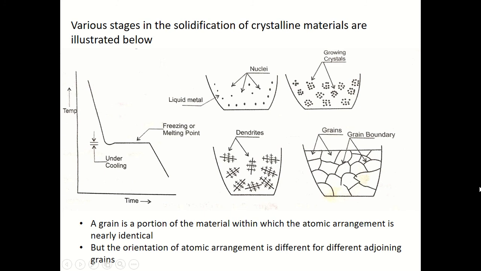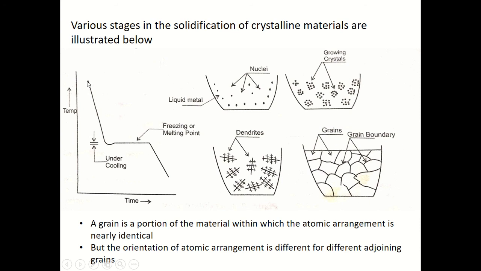If you look at this diagram, what is shown here is temperature versus time, that is a cooling curve. This means when a molten metal is allowed to cool, how the solidification process takes place is shown by this graph. The temperature is taken on the y-axis and the time along the x-axis.